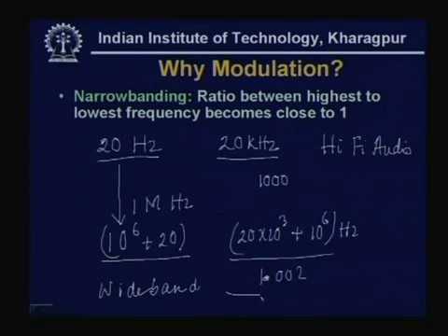Now, it is translated into a frequency of very narrow band, having the ratio of highest to lowest of only 1.002. So, this allows you to transmit very effectively by using a suitable antenna. So, this narrow banding is another benefit of modulation.